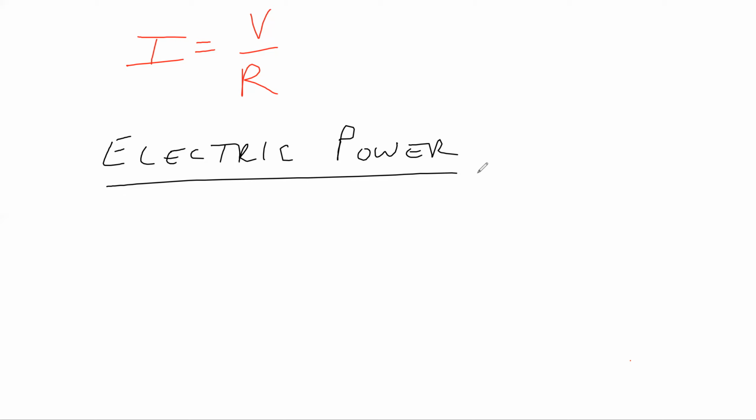Now, this energy may also be used to heat something, right, or to turn a motor or to light a light bulb, right? But at any rate, energy is being used, and the rate at which that energy is used is electric power.